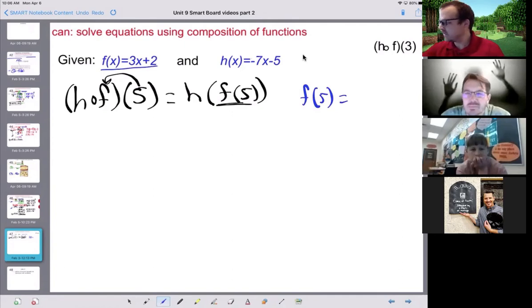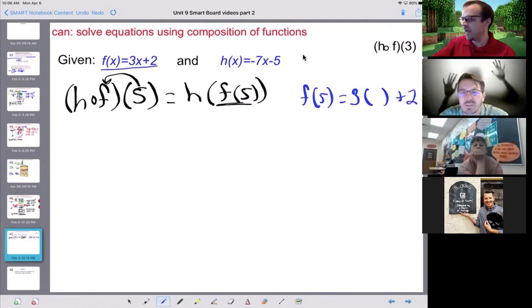I'm just going to replace those x's with parentheses. 3 times x plus 2. And we're plugging in a 5 here in our parentheses. Follow your order of operations. This 3 times 5 comes first there. 15 plus 2, which is 17.